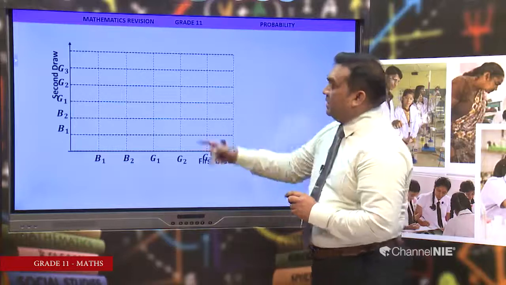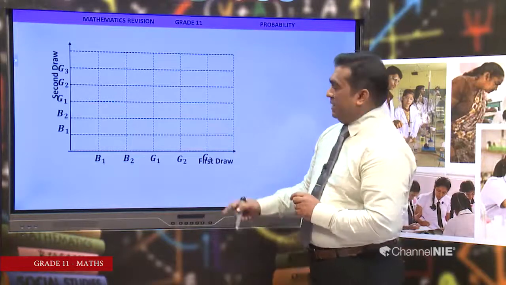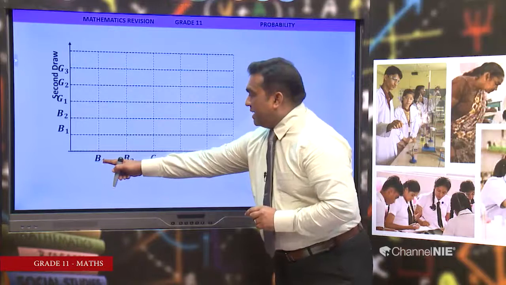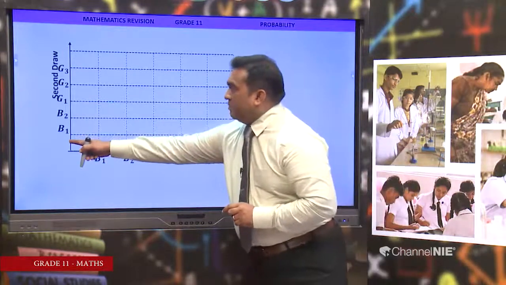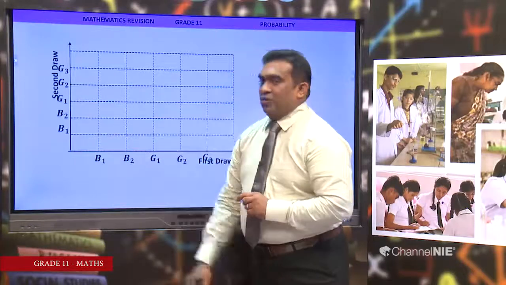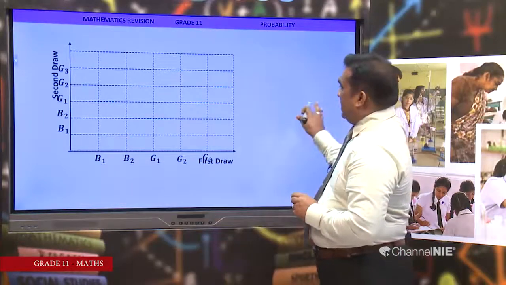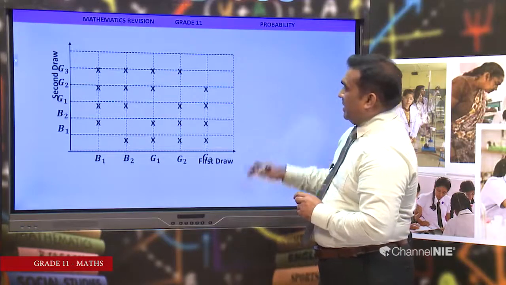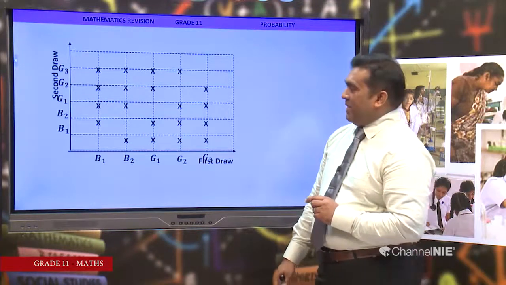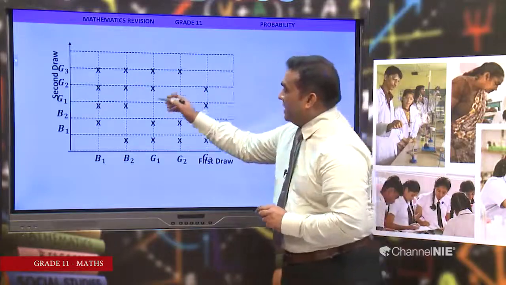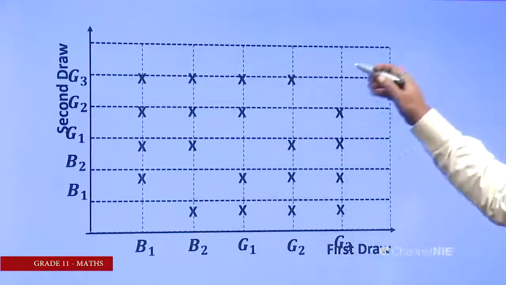This is the grid, empty grid. Now you can see the sample space of first draw. This is the sample space of second draw. Right. Burnt out. Then without replacing, you can see the sample space.